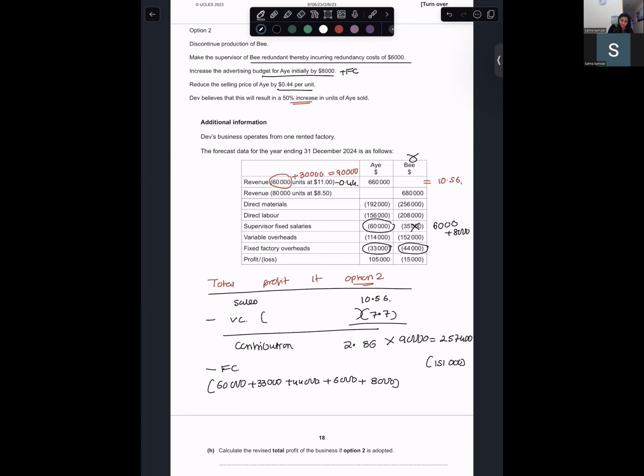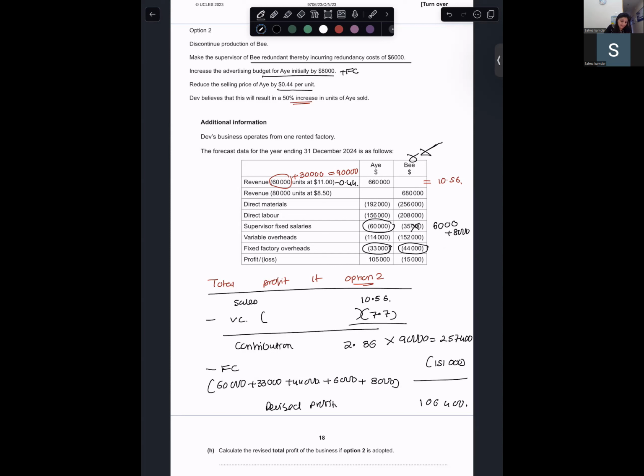So the revised profit of I, because I will completely stop B, would become 106,400.